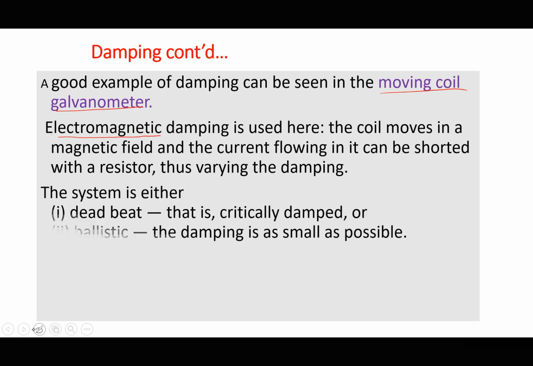So the system is either deadbeat, that is, critically damped, or it could be ballistic, which means the damping is as small as possible. It depends on what someone wants, either critical damping or damping as small as possible, maybe lightly damped, and so on.